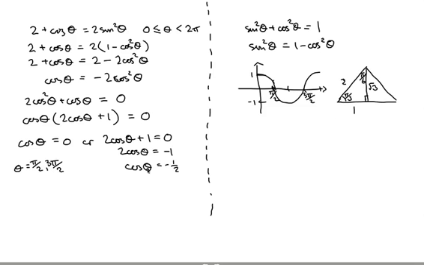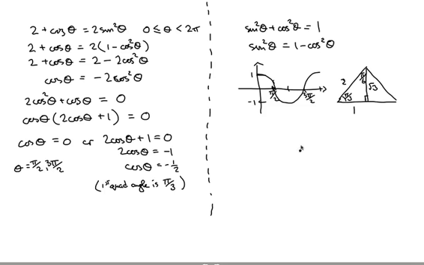Now remember cosine, so katoa, cosine's adjacent over hypotenuse. If we're sitting at pi upon 3, the adjacent is 1 right next to us, the hypotenuse 2. So the first quadrant angle, the first quad angle is pi upon 3. Cosine of pi upon 3, 1 upon 2.